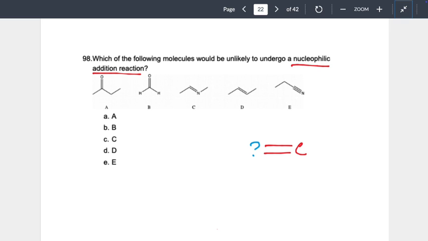Okay, so if we're doing addition, we know we have to have a pi bond. What's the next piece of information that the question is giving us? Must be a nucleophilic addition. So noting addition, pi bond, phenomenal, great. We've got our example, but we also know it must be reacting with a nucleophile.